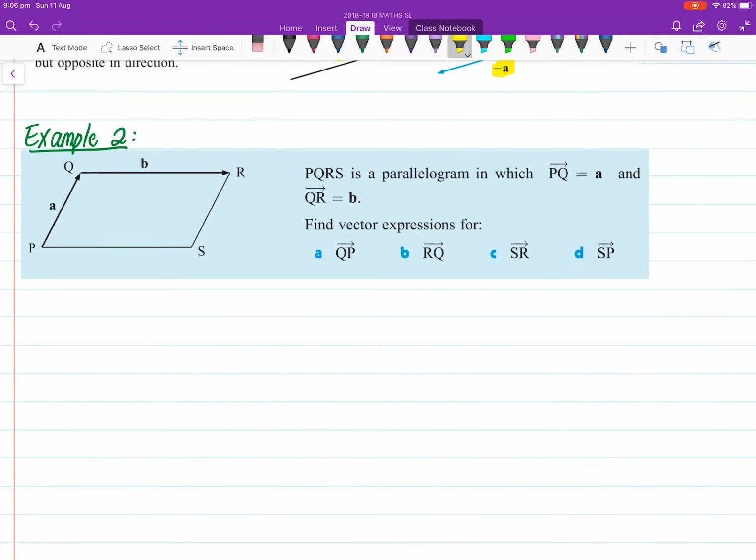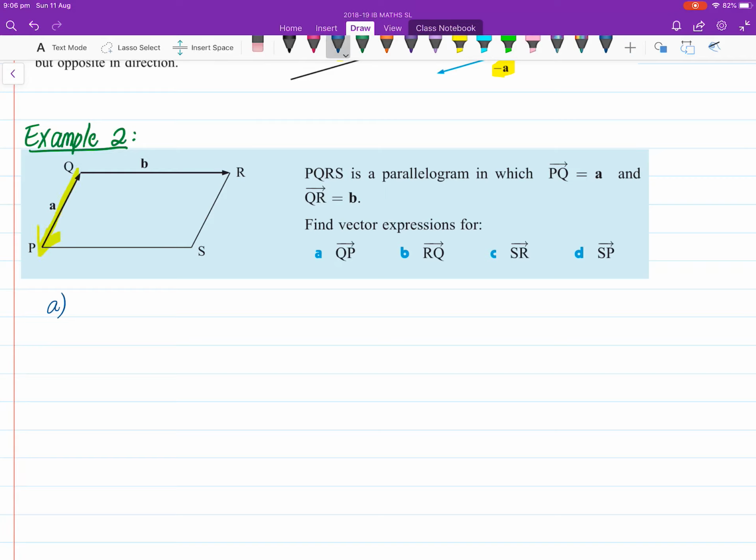Let's do example 2 super quickly. Here PQRS is a parallelogram with vector PQ as little a and vector QR as little b. Find vector expressions for these. So you can see QP, where's QP? QP is going to go this way, isn't it?